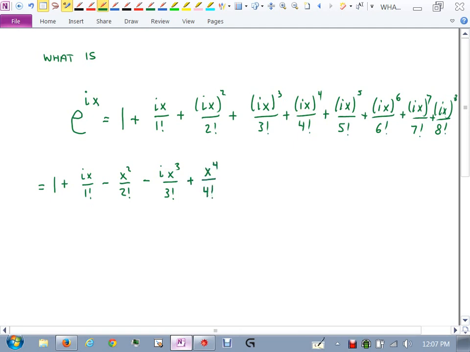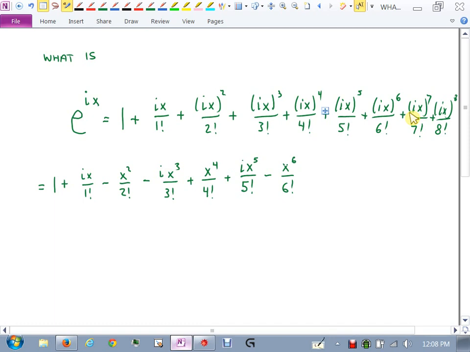Everybody following me? What's i to the 5th? It's just i. So we're back to i, right? So this is going to be plus ix to the 5th over 5 factorial. Keep going. What's i to the 6th going to be? It's going to be -1, right? But then x to the 6th, so minus x to the 6th over 6 factorial. Two more to go.